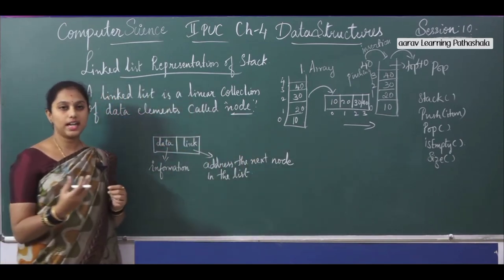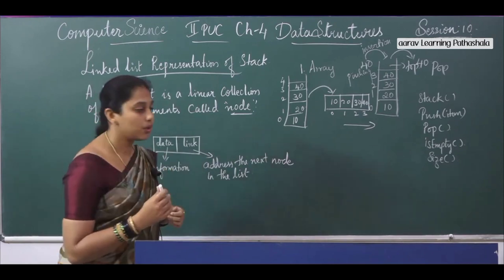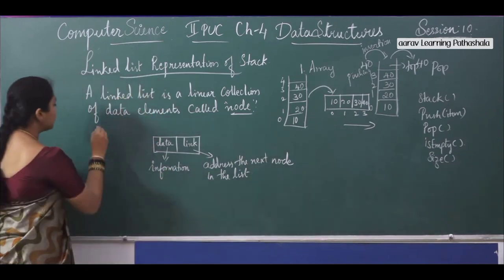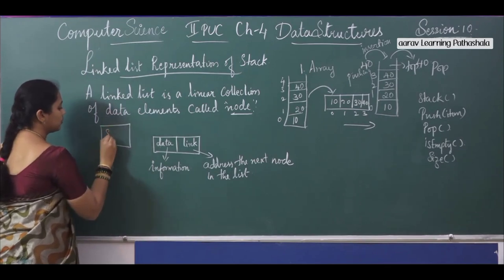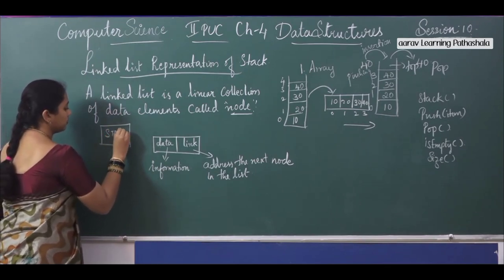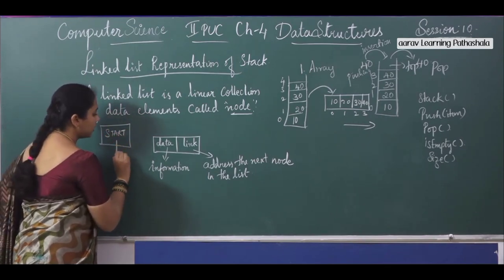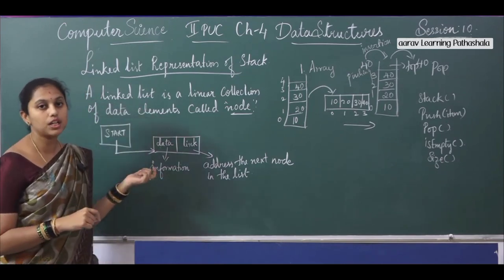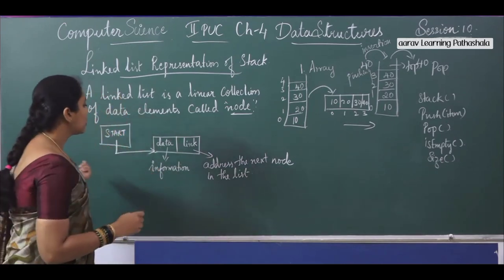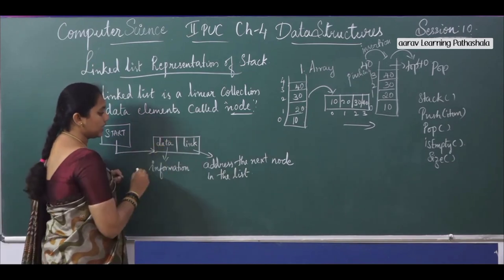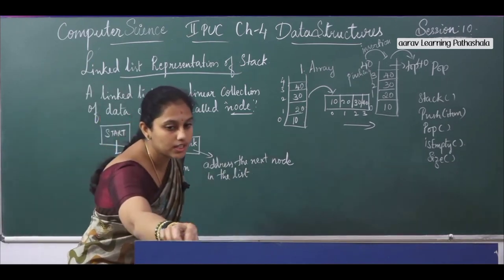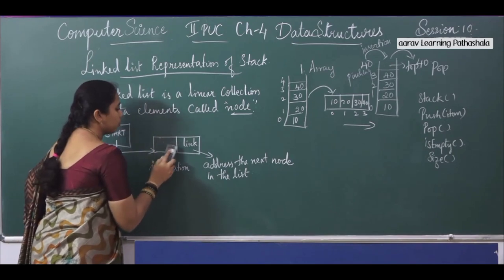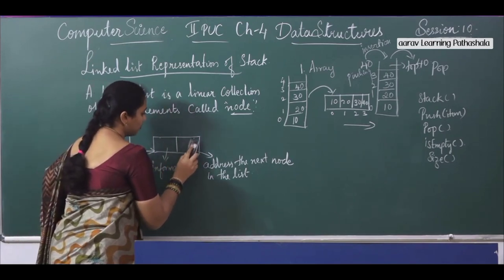So how to create a linked list? So in the linked list, it contains a pointer start gives the location of the first node. So in the first node, it contains the information of the data.